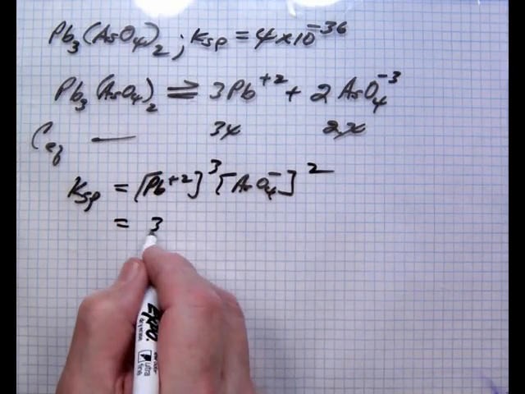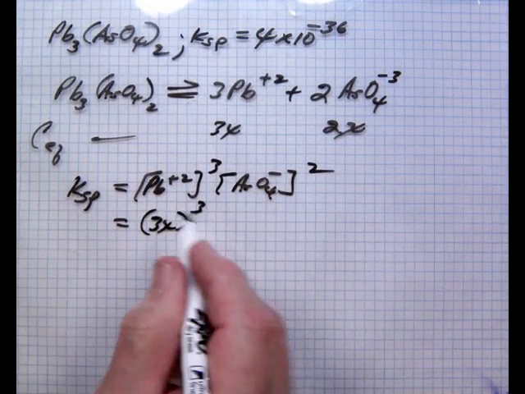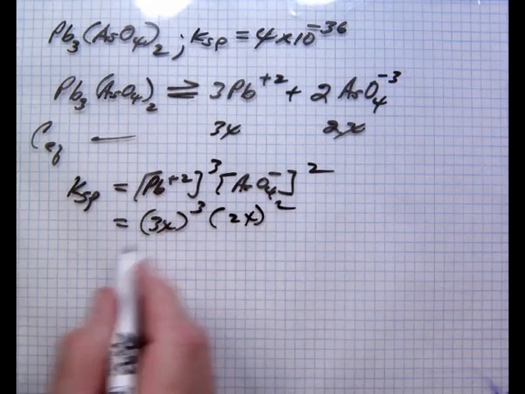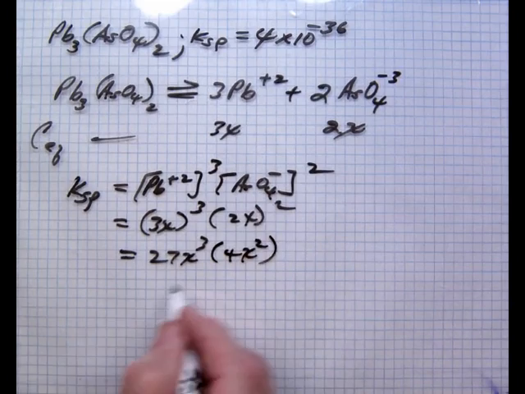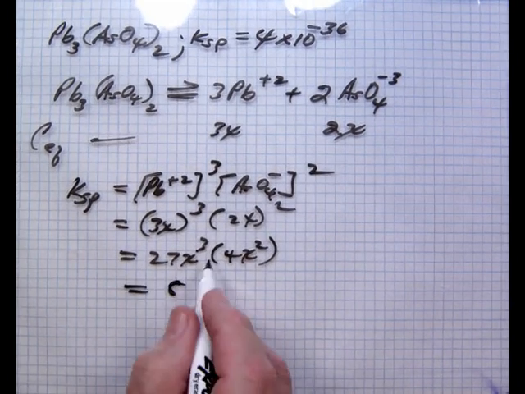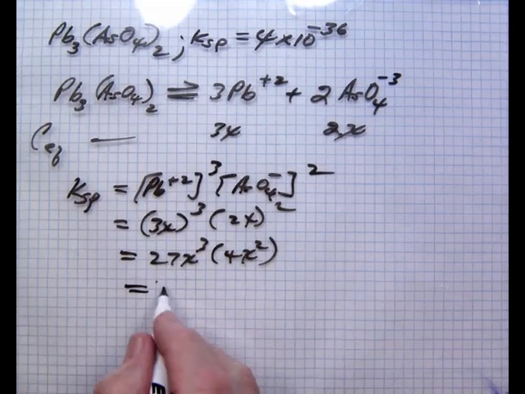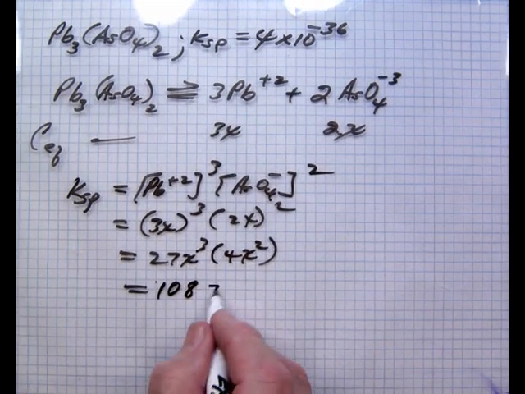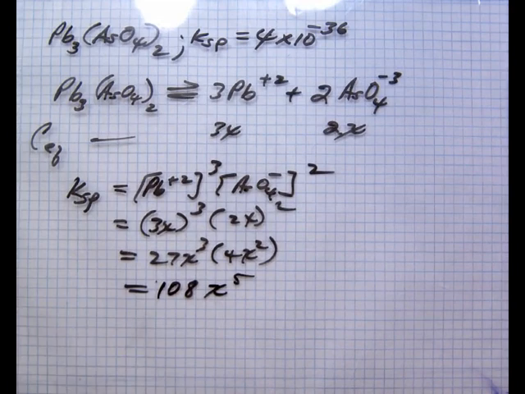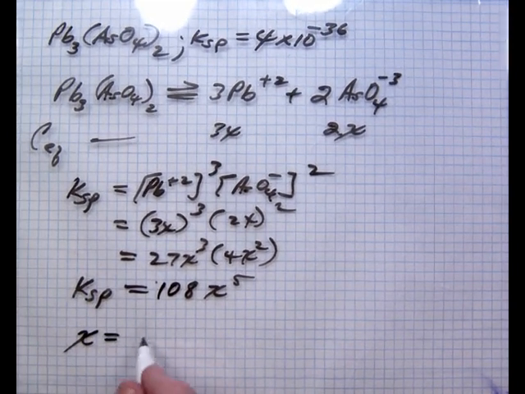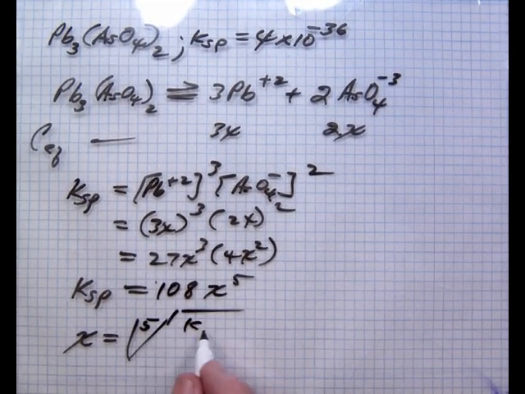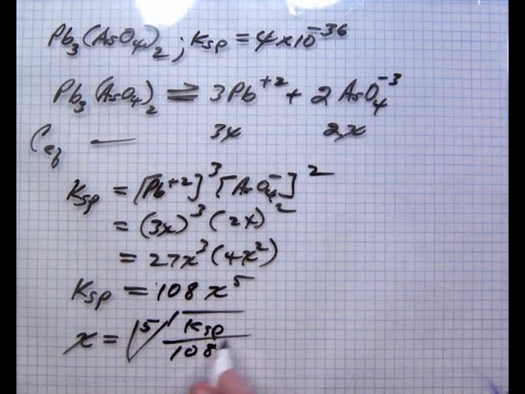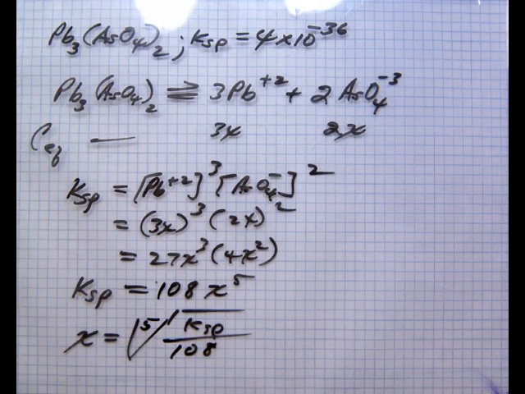And that's 3x cubed times 2x squared, 27x cubed times 4x squared, 108x to the 5th, which is now our expression for Ksp. And the solubility now, X, is the 5th root of Ksp over 108. So if you build up, you can go right on up.